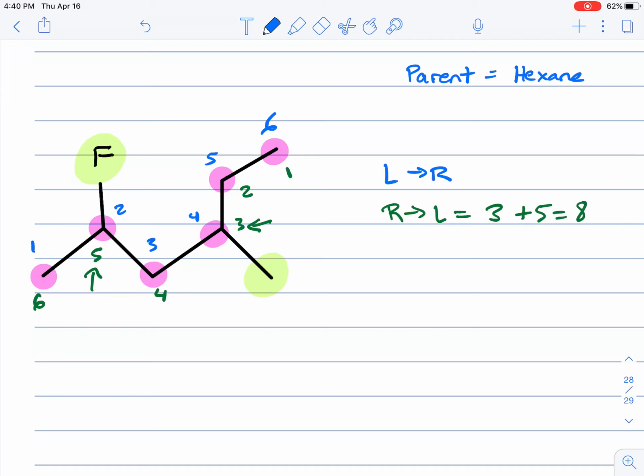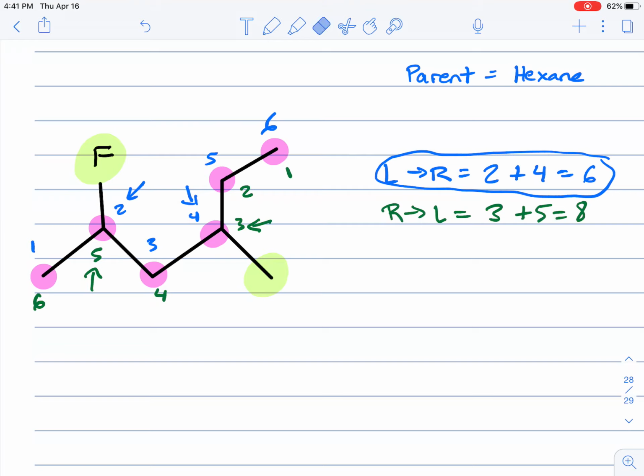It looks like I have a substituent on carbon 2 of the parent chain, and another substituent at carbon 4 on the parent chain. And 2 plus 4 is 6. So 6 is the least, therefore the numbering of my carbons is once again from left to right.